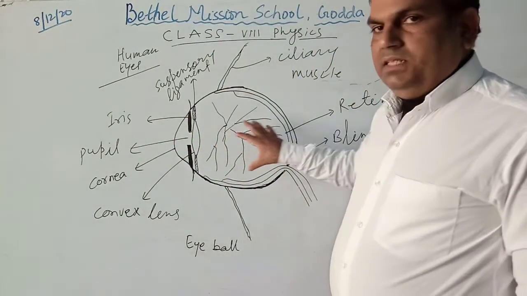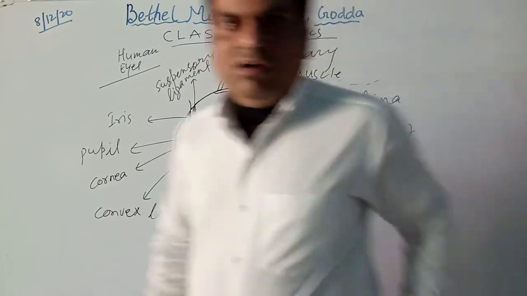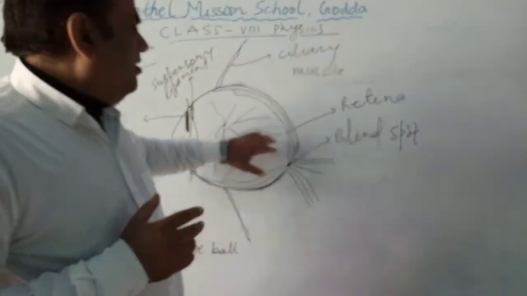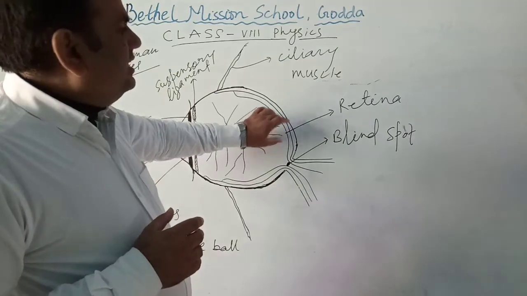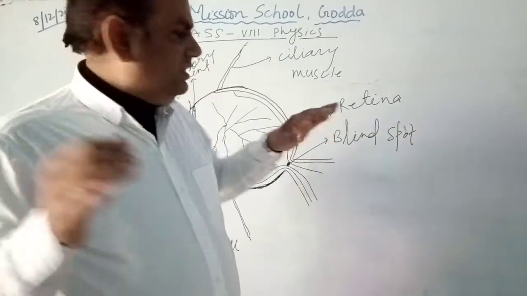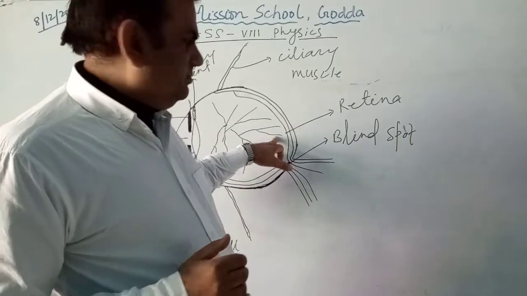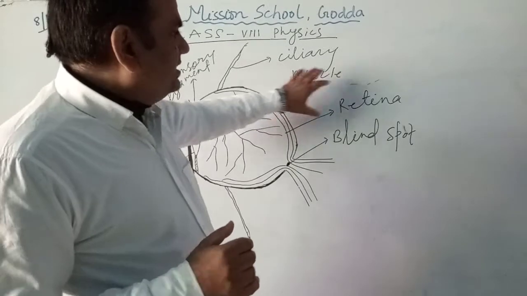Now, the image is formed on the retina. The retina is a kind of screen on which the image is formed by the convex lens.